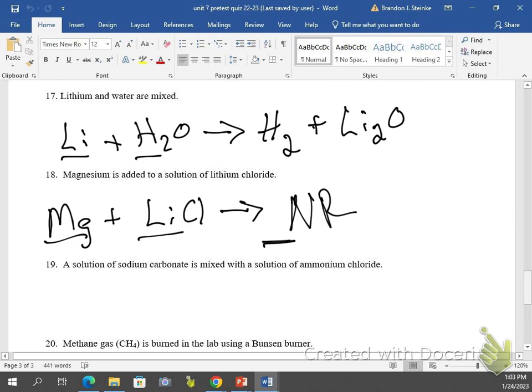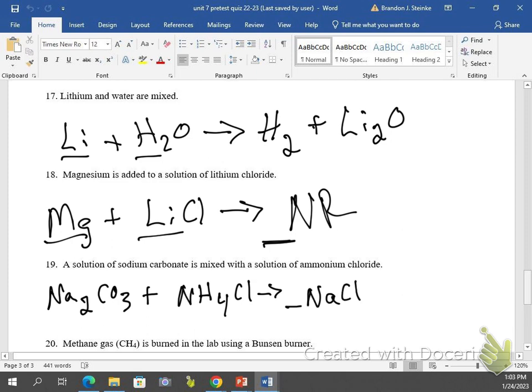Number 19, a solution of sodium carbonate is added to ammonium chloride. All of that, right, is 1 point. Because this is double replacement, you do need to give me products. So now I have sodium chloride plus ammonium carbonate, right?